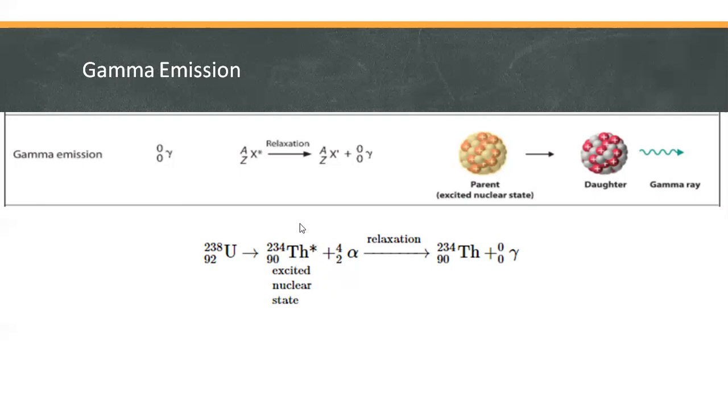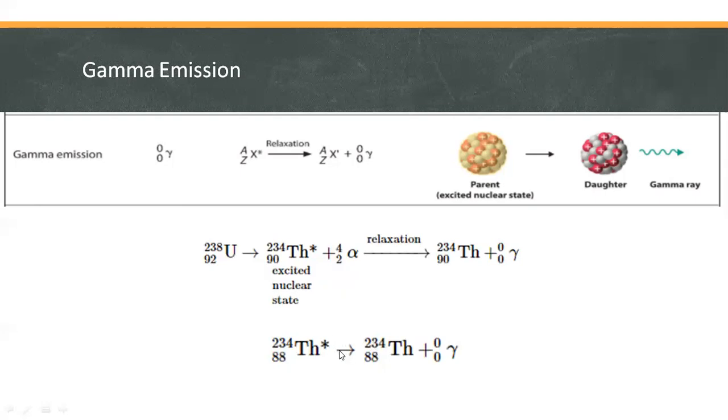So this thorium being excited, when it relaxes, a gamma emission occurs. If we disregard the decay event that created the excited nucleus, then this thorium has just emitted a gamma ray.